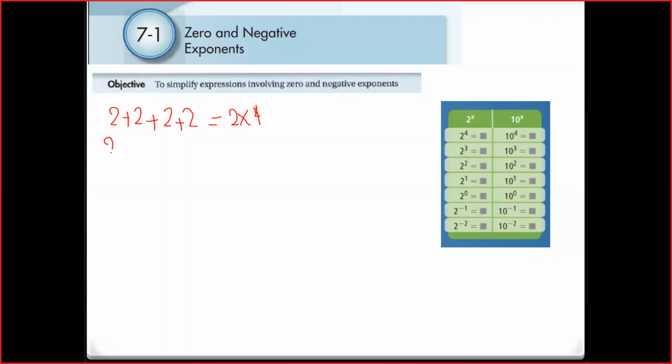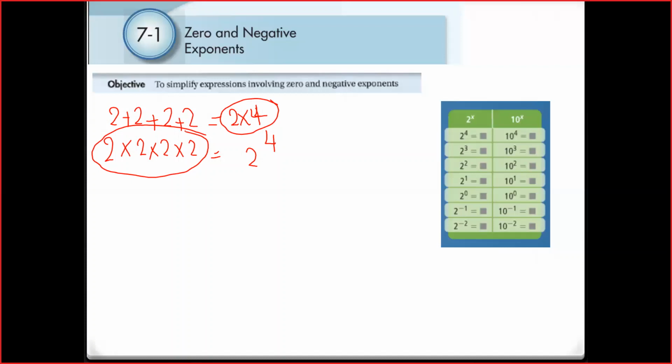Yes. What if I multiply 2 four times? It's going to be 2 to the power 4. Exactly. So if I add 2 four times, it will be multiplied, and if I multiply 2 four times, it will be 2 to the power 4.